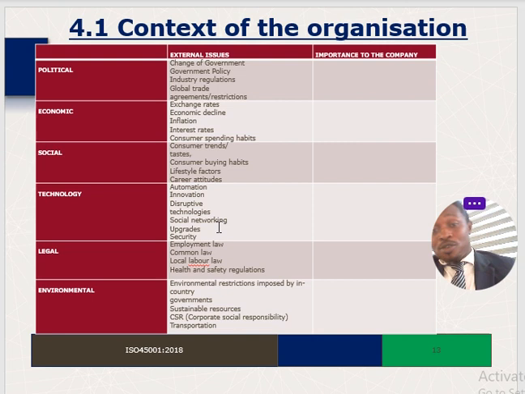You have to look at economics. You can use this form too. This is just a simple template for you to use to assess your external issues that can have impact on your organization. You state your political issues, and economic issues in terms of inflation and exchange rates, and all of this can have impact on your organization. So if you are drafting your HSE management system, you have to take all of these issues into consideration.